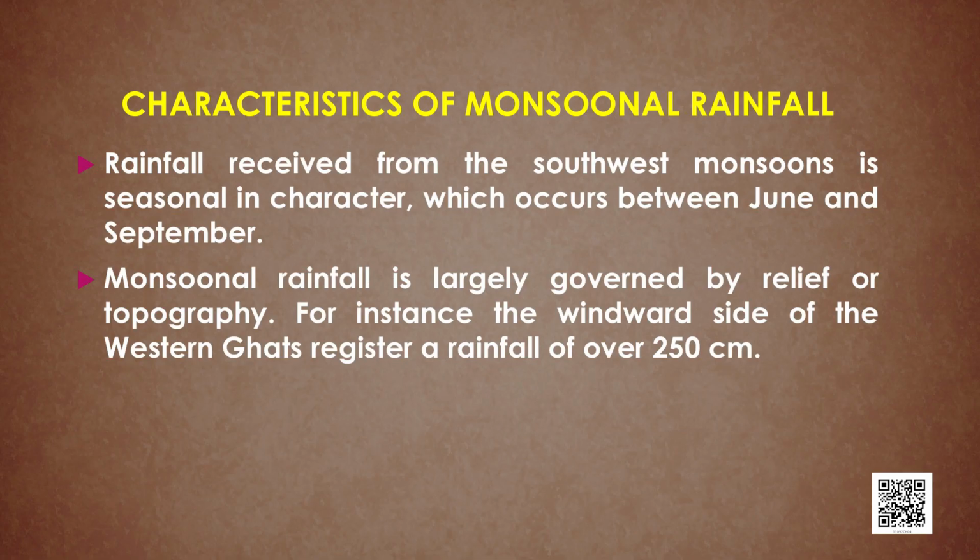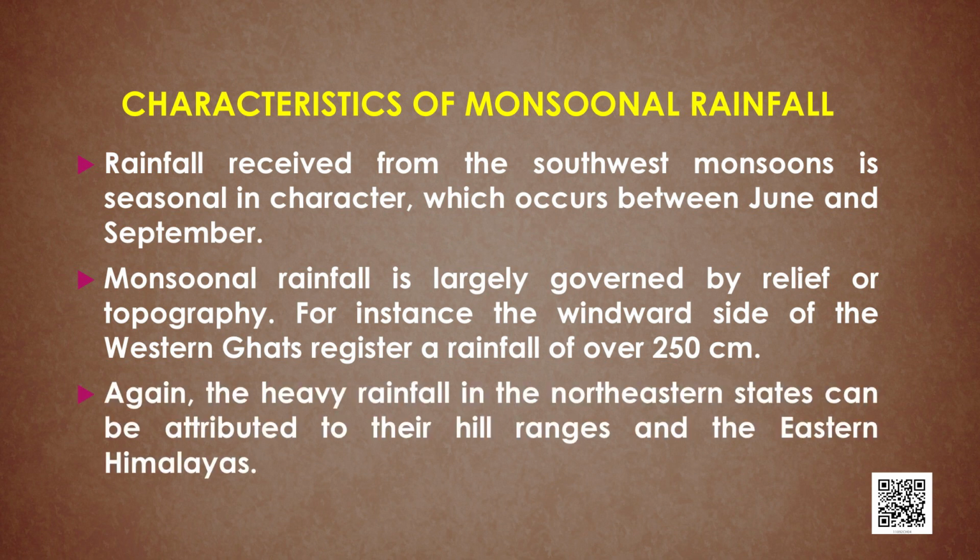Monsoonal rainfall is largely governed by relief or topography. For instance, in the Western Ghats, the windward side receives more rainfall, whereas the leeward side receives very little rainfall. Again, very heavy rainfall in the northeastern states can be attributed to the hilly regions located there.